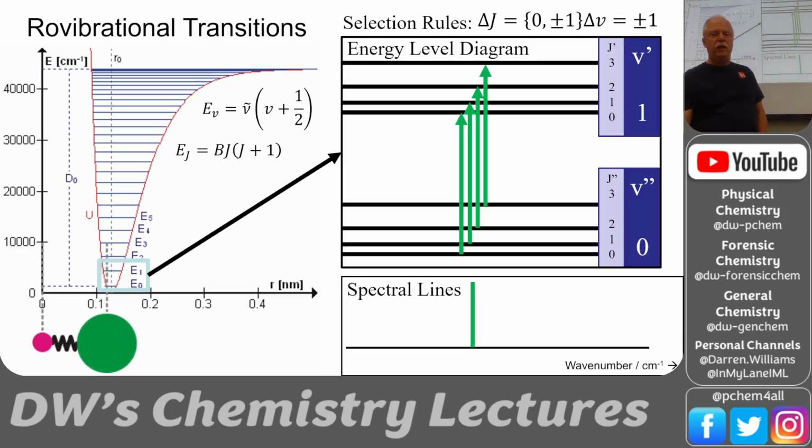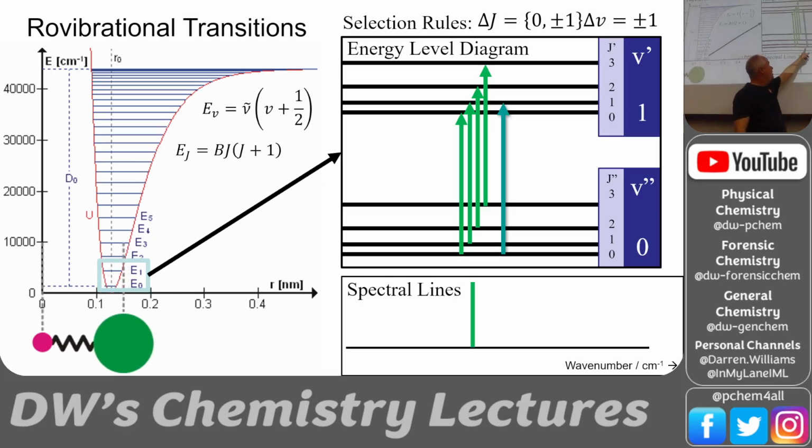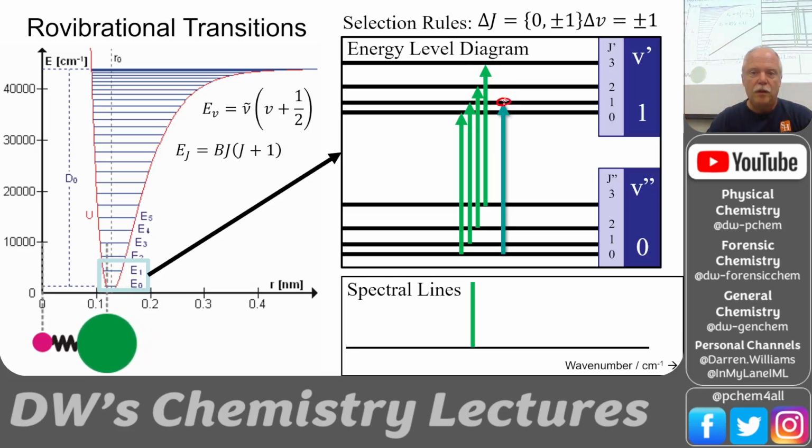Okay, let's look at the delta J plus 1. So this is going from 0 to 1. You see up there, it's 1. So the final minus initial, we have 1 minus 0.